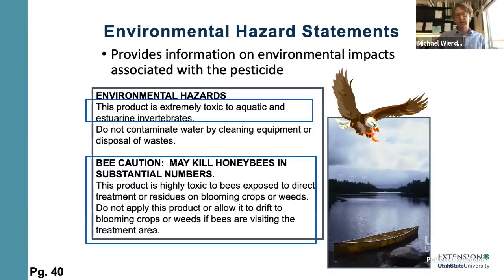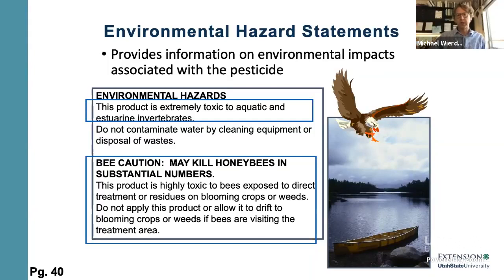The next section of the label addresses environmental concerns. Pesticide products may pose certain hazards to bees, birds, invertebrates, wildlife, or water. The environmental hazard statements specify the hazards the product poses to an animal like aquatic organisms, bees, waterfowl, etc. Read this section of the label to assess any concerns that can occur from applying the product.